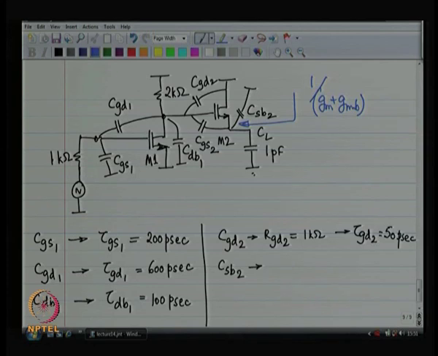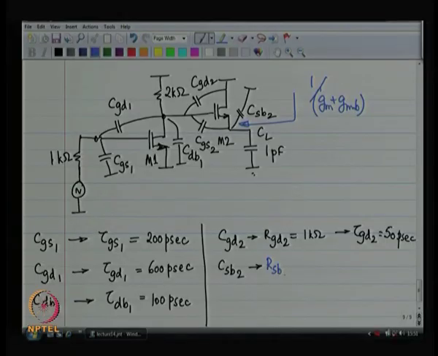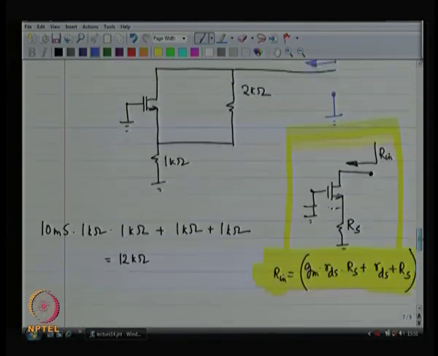Body is at ground, gate is also at ground, okay. Source is wiggling. So, you basically see 1 by Gm plus GMB. Gm and GMB come in parallel to each other. So, how much is 1 by Gm plus GMB?